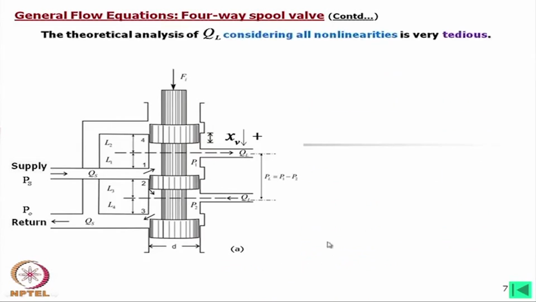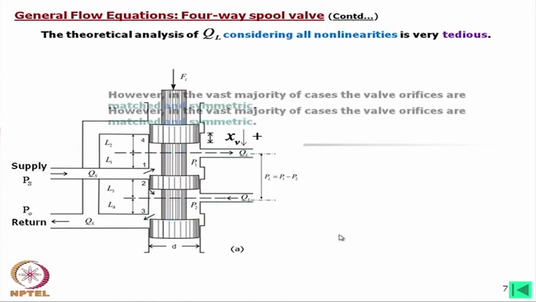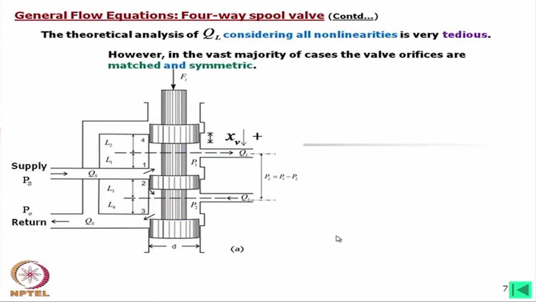The theoretical analysis of QL considering all nonlinearities is very tedious, which I have mentioned. However, in the vast majority of cases the valve orifices are matched and symmetrical. This is another issue we should discuss. Now, what is called matched and symmetric? Two things are there, one is called matched and one is called symmetric.